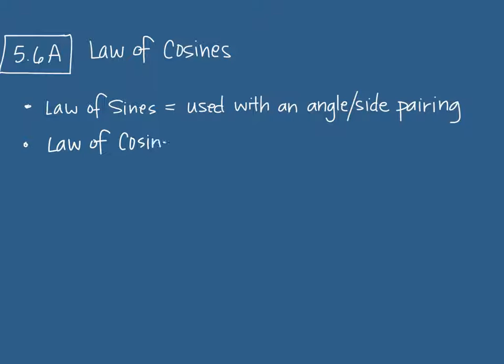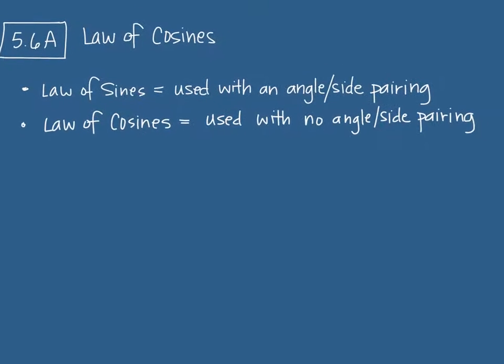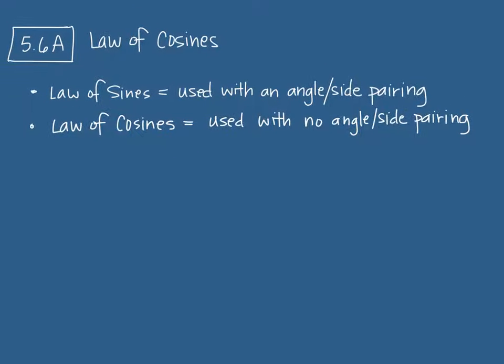And so we have the law of cosines, and this is used with no angle-side pairing. For example, maybe all you have is side, side, side. You have 3 sides. Or maybe you have SAS, but you don't have the right pair.